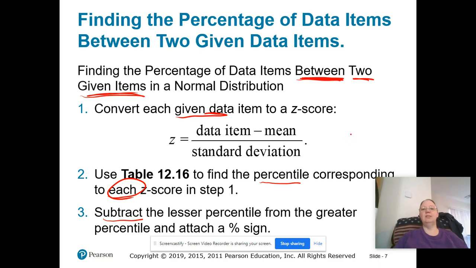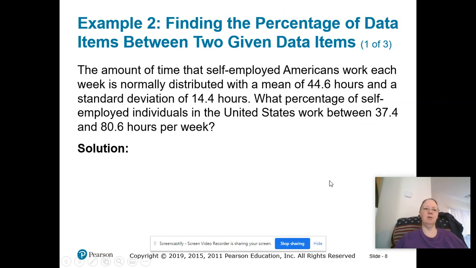Let's suppose I had a percentile of 90% for one of my data items, and a percentile of 50% for my other data item. I would subtract those, and there would be 40% between those two data items. You got to subtract. So let's do an actual example.